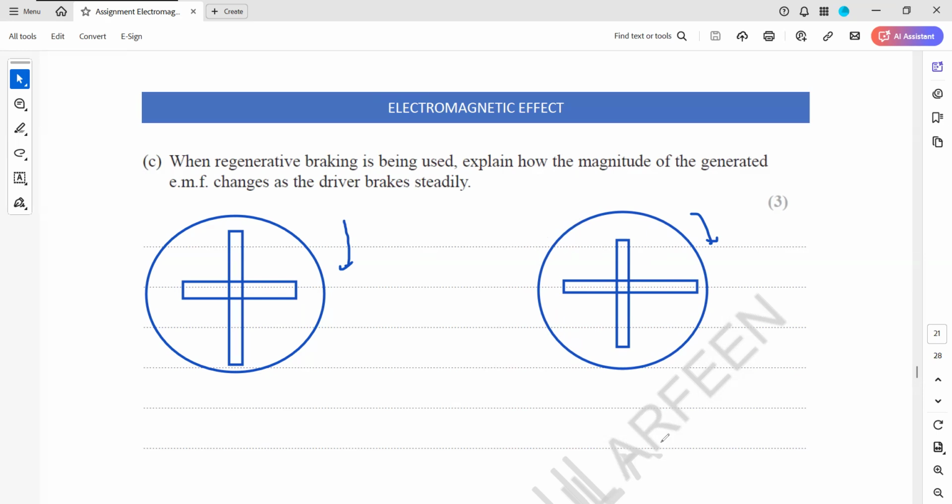First thing we'll mention, as the speed of rotation of the wheel is decreasing, the rate of change of magnetic flux linkage will also decrease, which induces a smaller current, as the EMF is directly proportional to the rate of change of magnetic flux linkage, so the induced EMF will also decrease steadily. Is it clear, this one? That's why it will produce a smaller current.